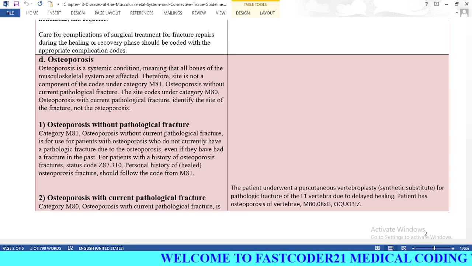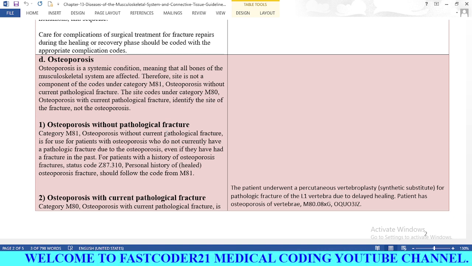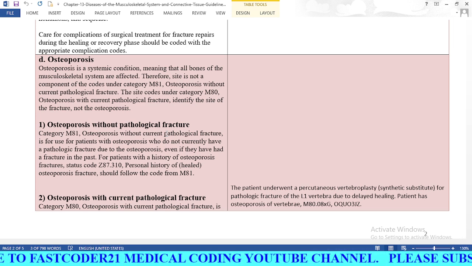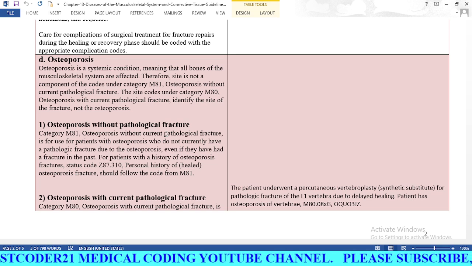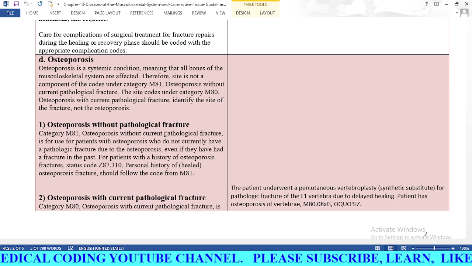So the site codes under M80, osteoporosis with current pathologic fracture, identify the site of the fracture, not the osteoporosis. So for example, if you take M80 series codes, they denote the site of the fracture, not the osteoporosis.